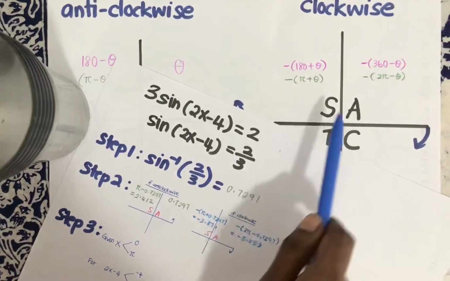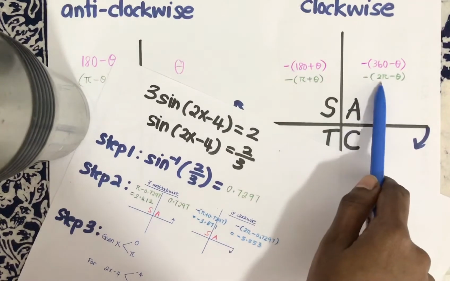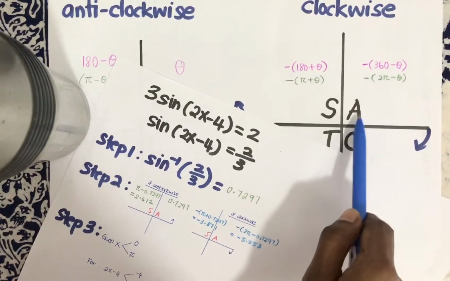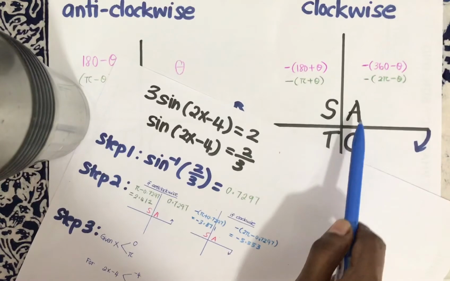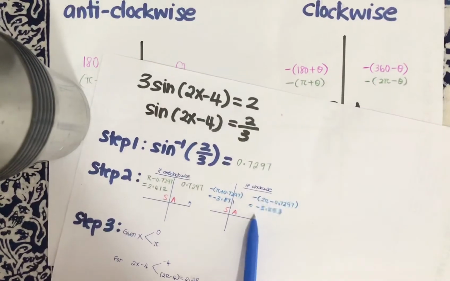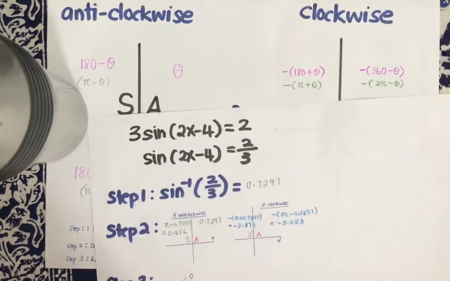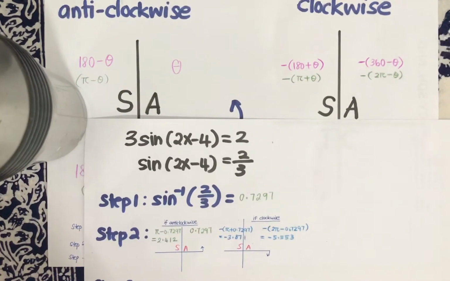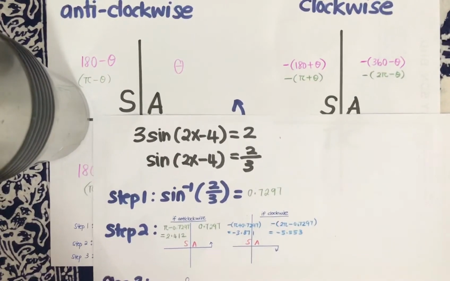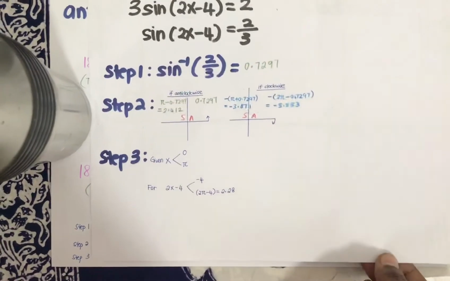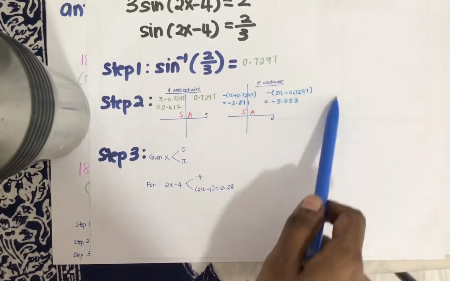Do the same thing for this quadrant. 2 pi minus theta, because sign is still positive in the first quadrant. That will give me negative 5.553. I only did anti-clockwise and clockwise.